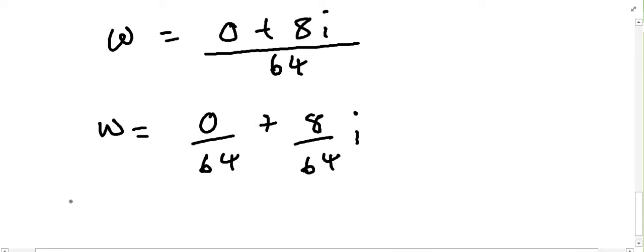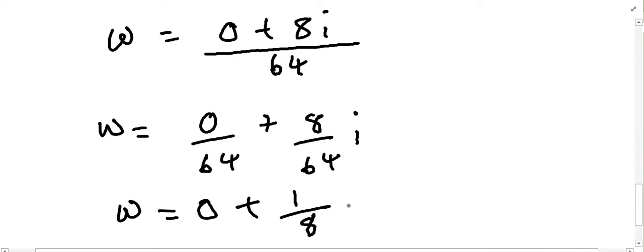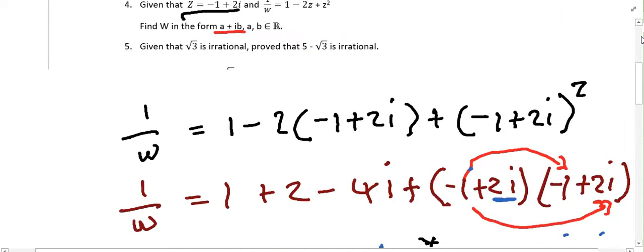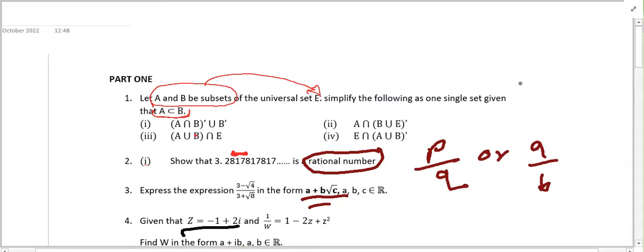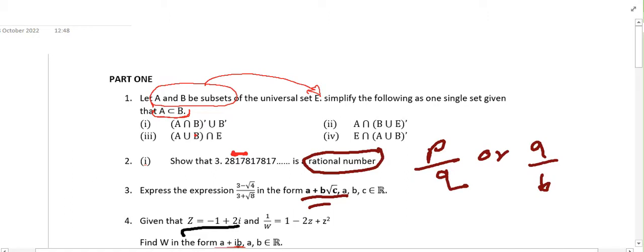So from that point, 0 divided by a number is 0. So W is equal to 0 plus 8 into 8, it is 1 over 8i. Okay, so that is the form we were asked to use.